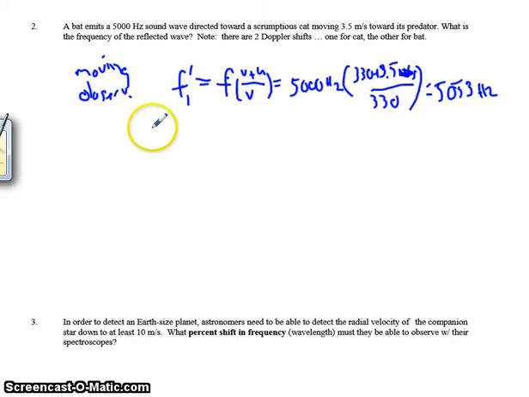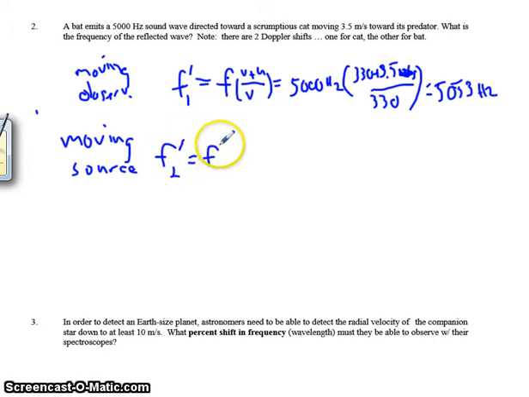So when that bounces off and heads towards the bat, the cat acts like a moving source. So in our case 2, now we have a moving source. We would use the moving source equation where we have f2 prime equal to the emitted wave, which is now f1 prime, what we saw before, times v over v minus u.